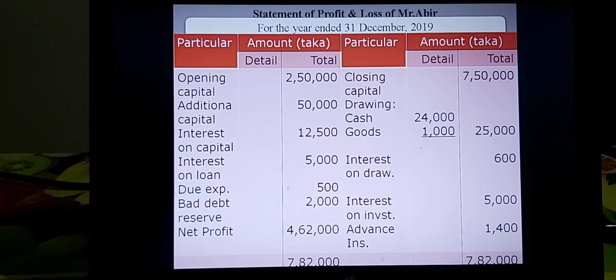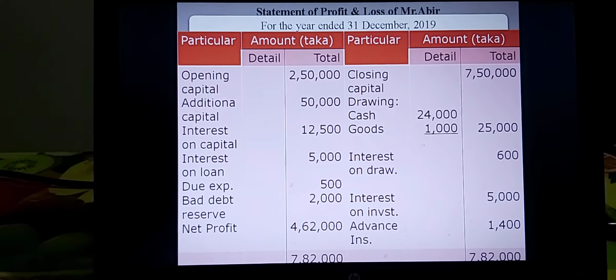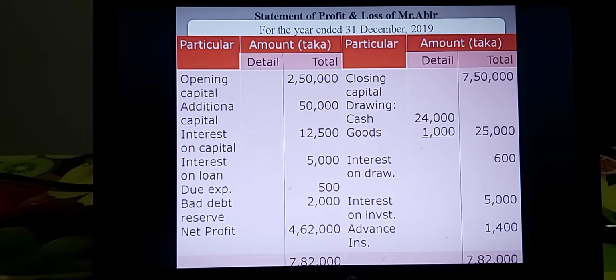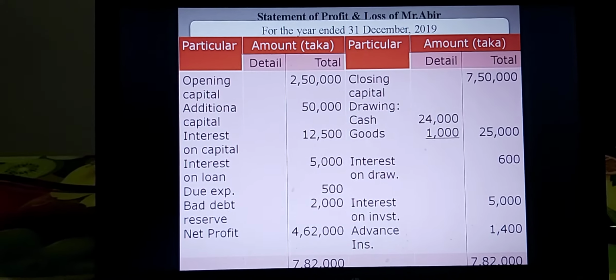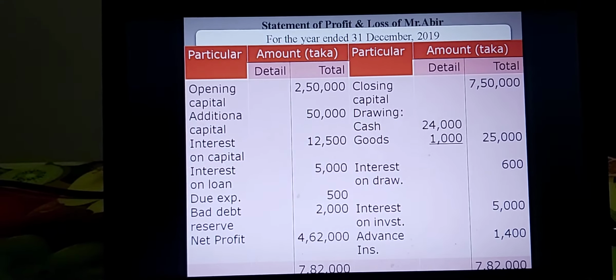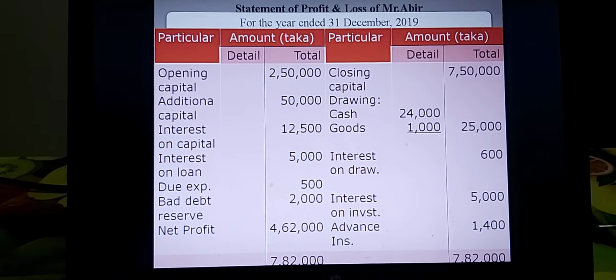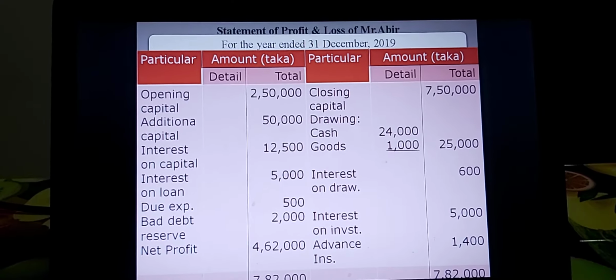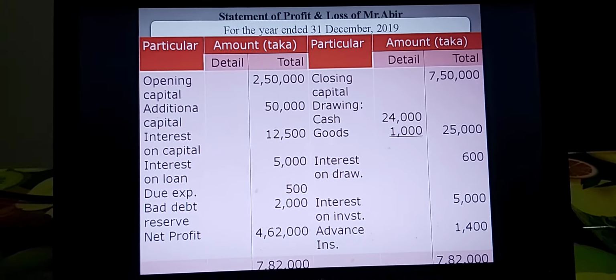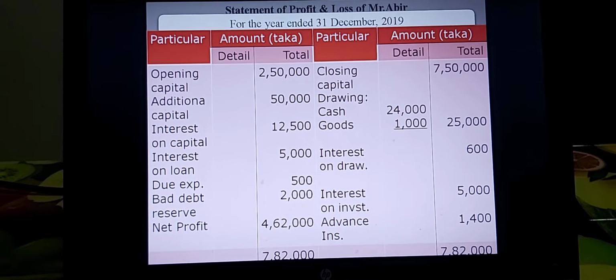If cash is drawn in the middle of each month, then also it is to be charged for 6 months. So 24,000 into 5% into 6 by 12, that is the amount of interest on drawings, 600, to be written on the right side. This is the third amount of this statement, that is the statement of profit and loss.